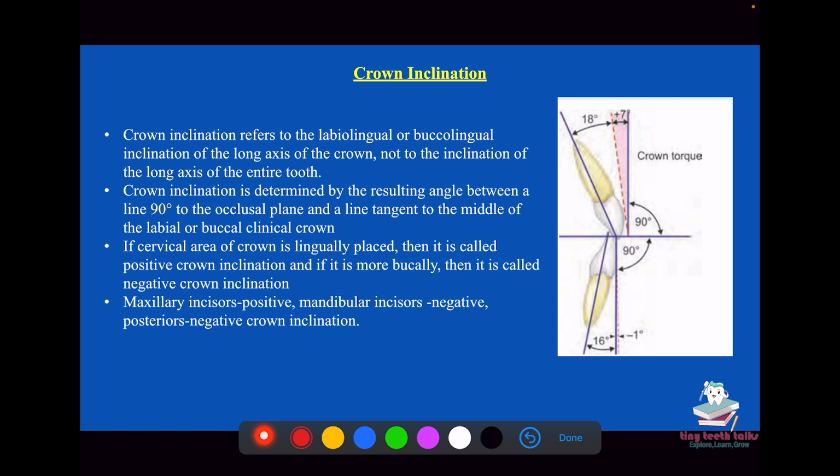In mandibular incisors, the gingival portion of the crown is positioned labially and the incisal edge is more lingual. This backward tilt contributes to occlusal stability. In posterior teeth, the gingival portion of the crown is positioned buccally while the occlusal surface is more lingual. This ensures proper interdigitation and functional occlusion.